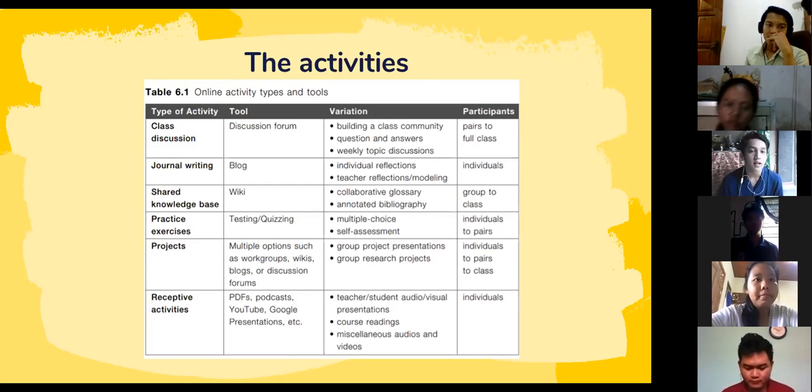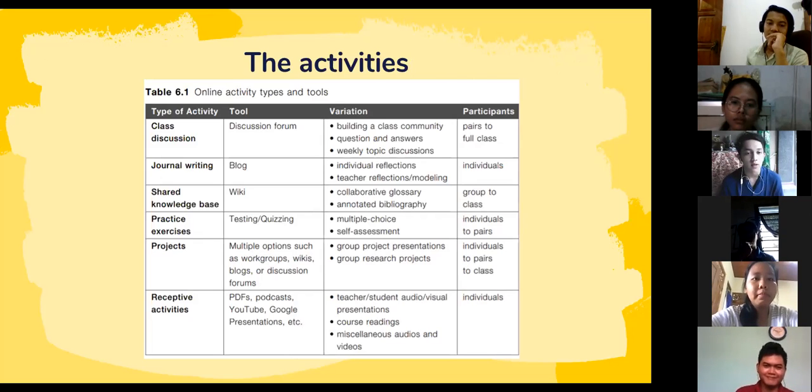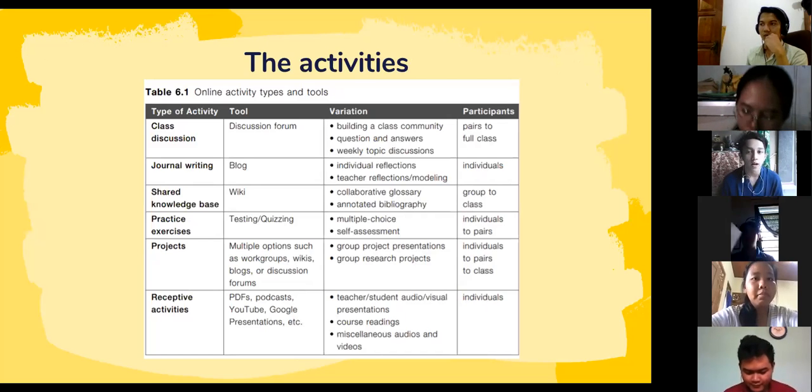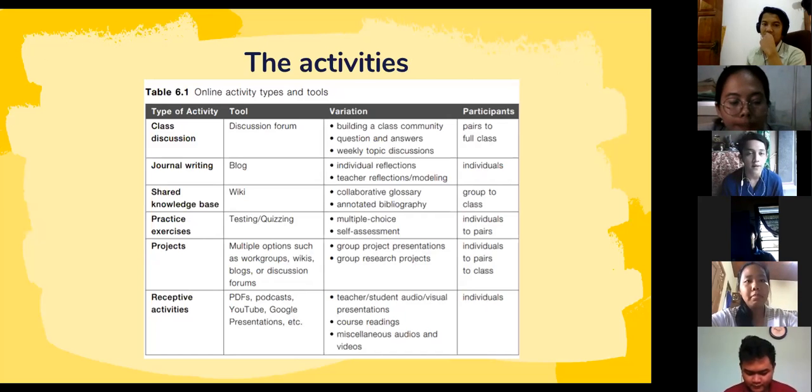For example, class discussion, journal writing, sharing knowledge base, practice exercises, projects, and descriptive activities. When you make course lessons, you have to decide what kind of activities you want to use. You can use one of those activities, or you can combine two or three of them.